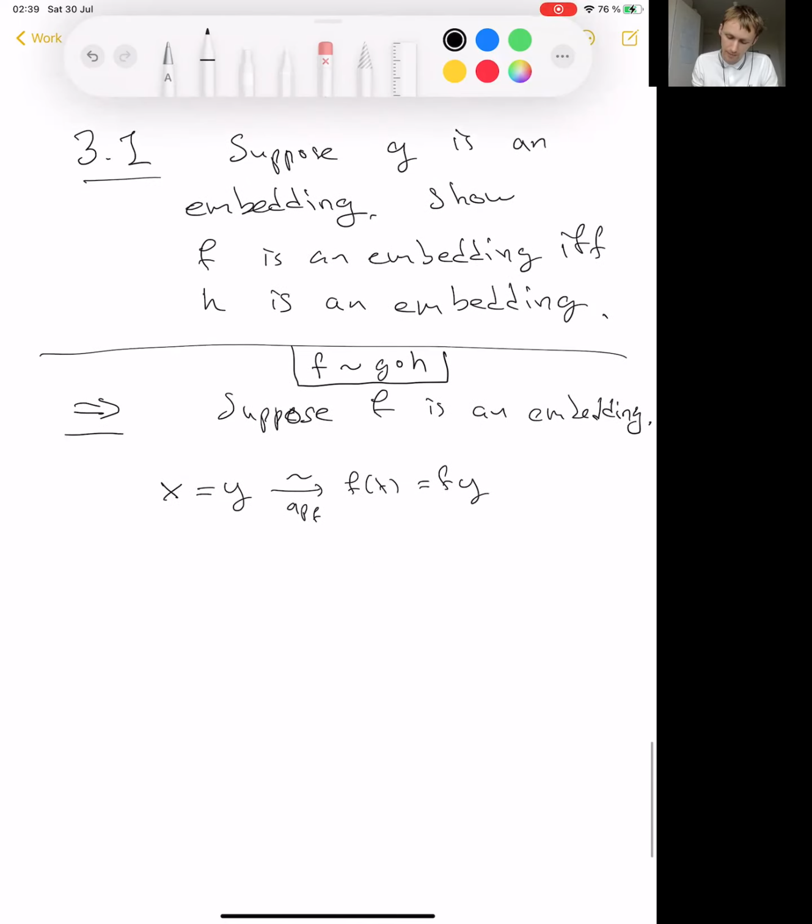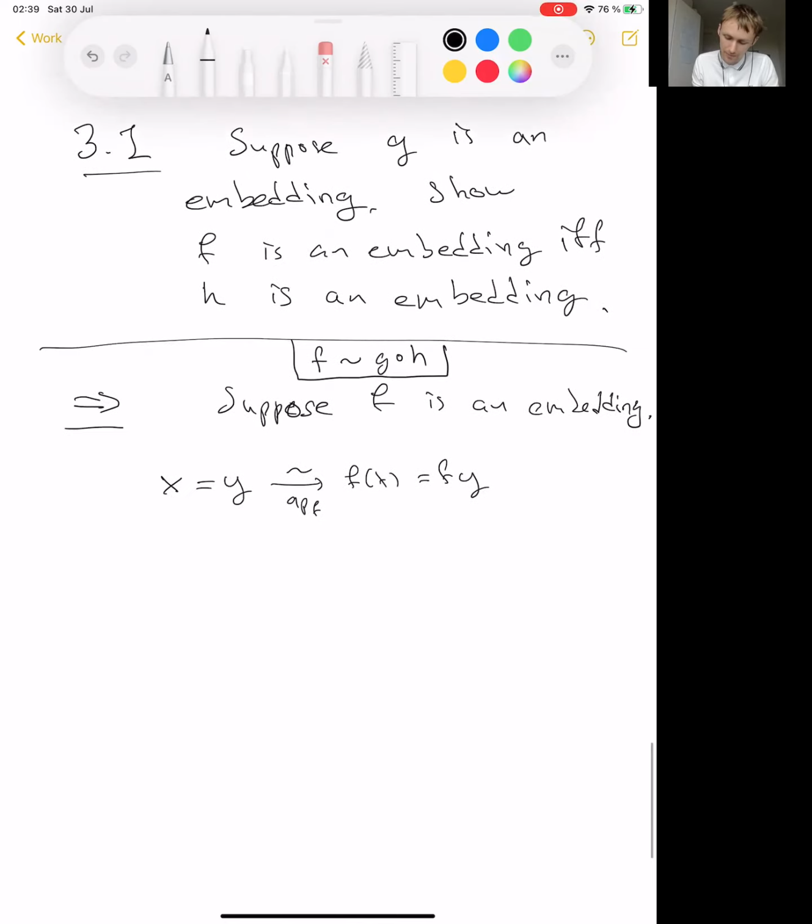So in fact, the type Fx equals Fy is going to be equivalent, or well, actually equal to the type G applied to H of x equals G applied to H of y.